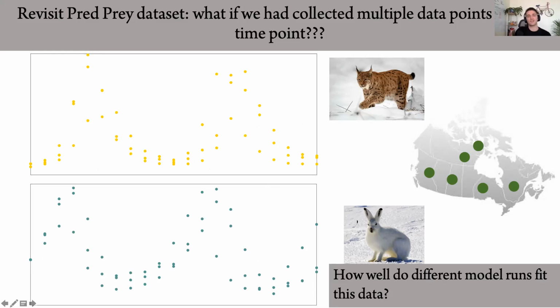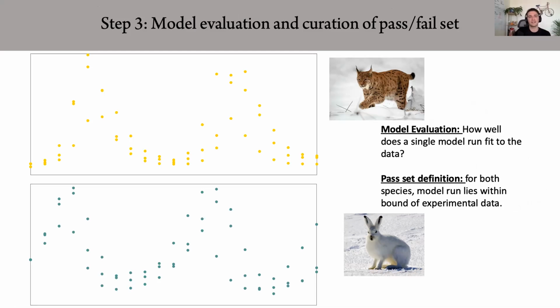But now we're starting to ask the question, if we have this data set in hand, how well do our different model runs fit this data set? And can we perform this pass-fail selection? That's exactly what this model evaluation step is: you're identifying how well the model is fitting the data set according to the pass set definition that you specified at the beginning of CaliPro.